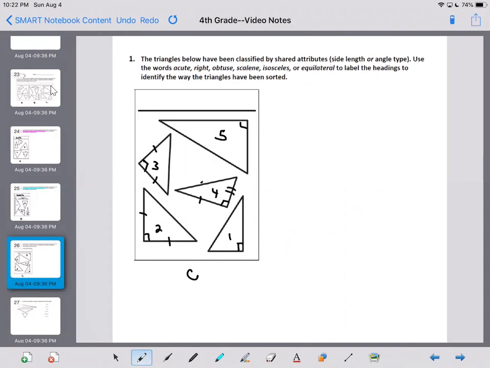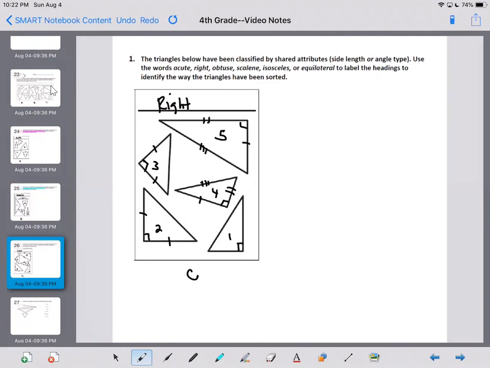Number 5 doesn't look that way, as well as number 1. So we can't really specify it by the side length. We can't say it's a scalene right, because they're not all scalene. Some of them appear to be isosceles. So we would have to say that right angles are the common attribute amongst all of them.